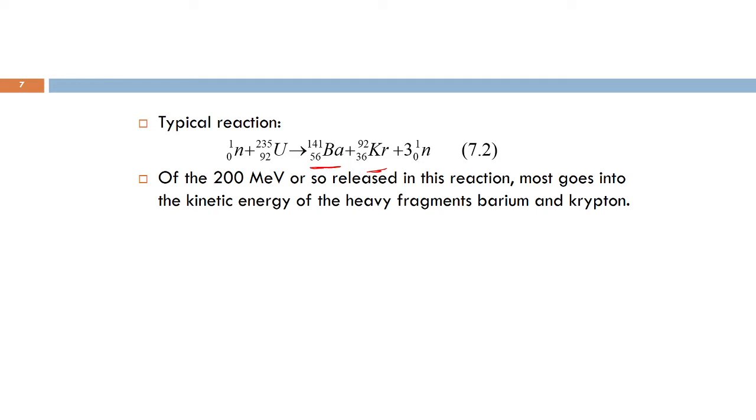These fragments and neutrons carry about 200 mega electron volts of kinetic energy. So most of the kinetic energy will go to barium and krypton, and only a small portion of energy belongs to the neutron.